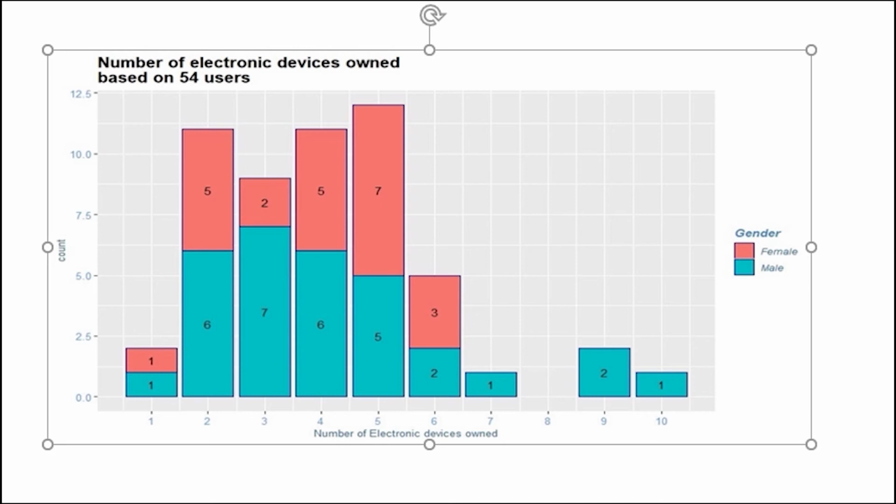Majority of the males and females own 5 electronic devices. Almost the same number of males and females own 6 electronic devices. The number of male users that own 7, 9, and 10 electronic devices are 1, 2, and 1 respectively. None of them are females. No males nor females own 8 electronic devices.